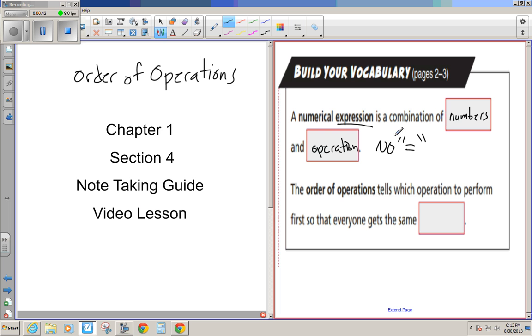Numbers and operations. No expression, no equations. The order of operations tells us which operations to perform first so that everyone gets the same answer.